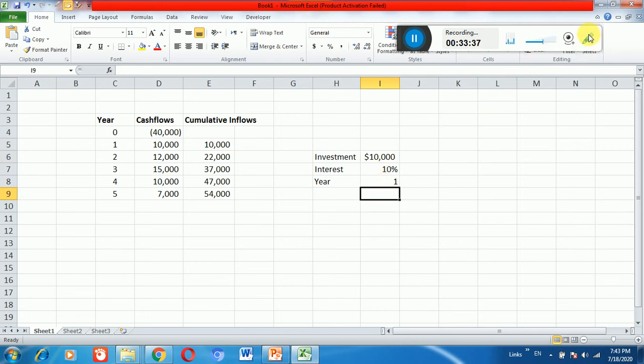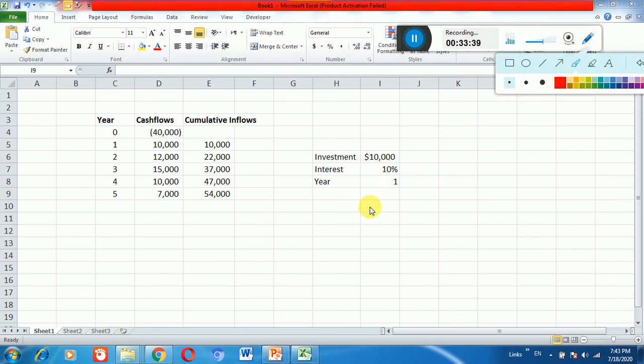If you remember, in the business finance course you learned about the time value of money, and the formula of the future value was like this. Future value is equal to the present value multiplied by 1 plus i, where i is the interest, raised to the power n.